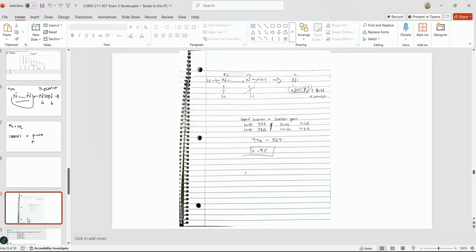Okay. Oh, I had the solution written wrong. Okay. So these are the bonds being formed.